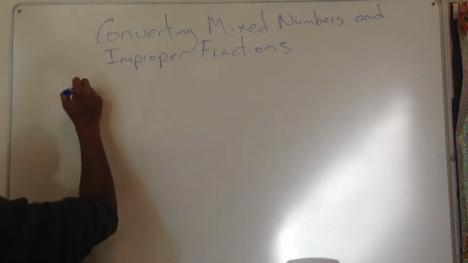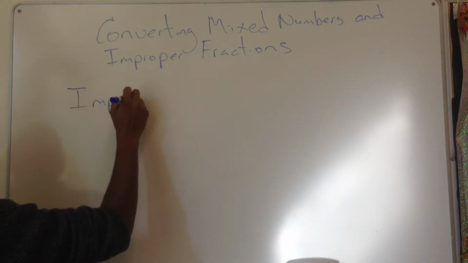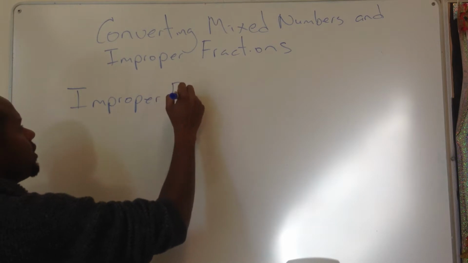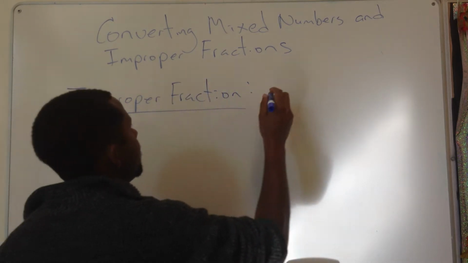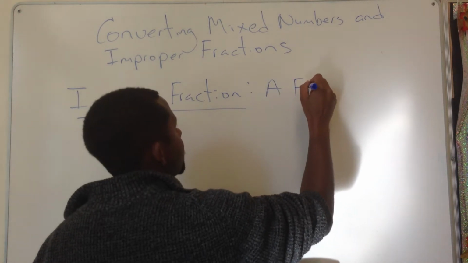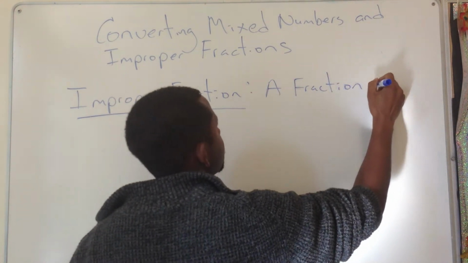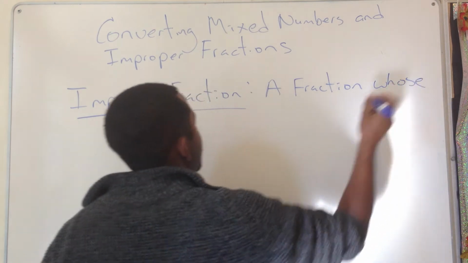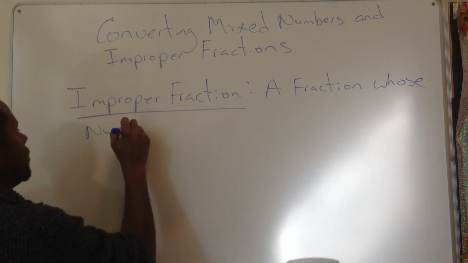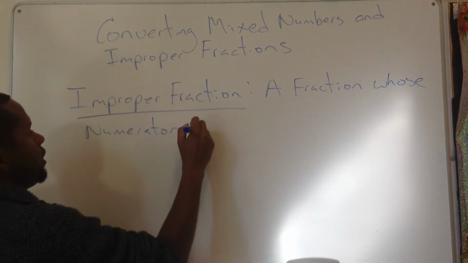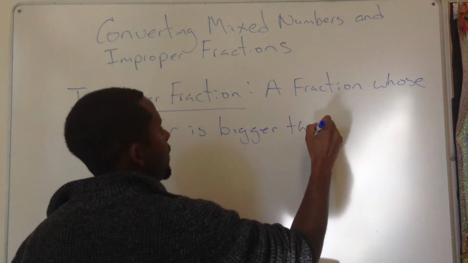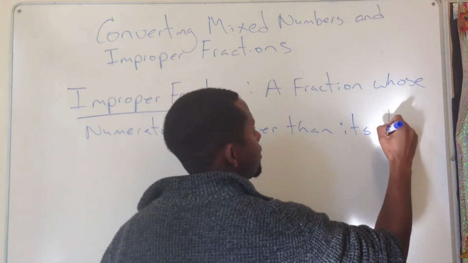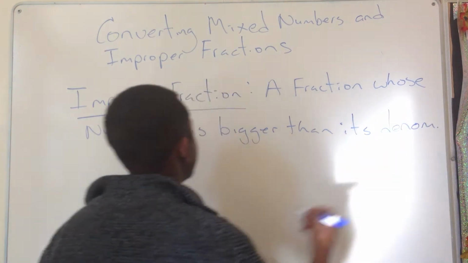First of all, let's talk about an improper fraction. And that's a fraction whose numerator is bigger than its denominator.